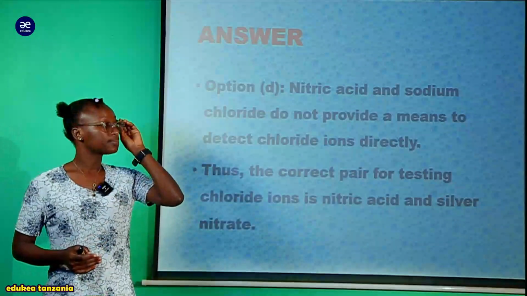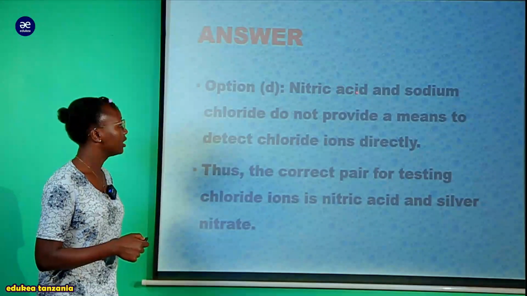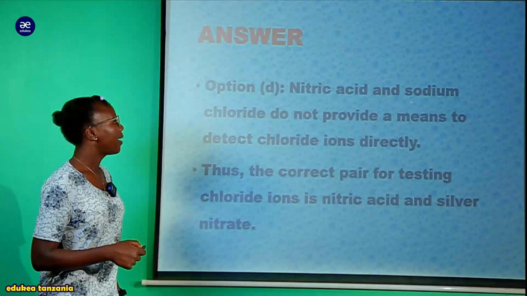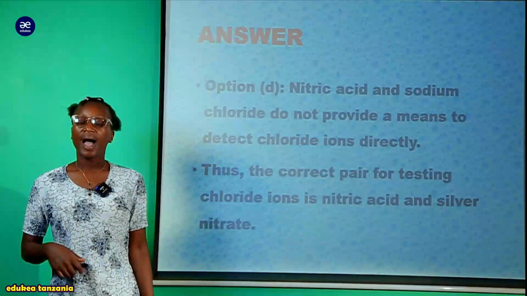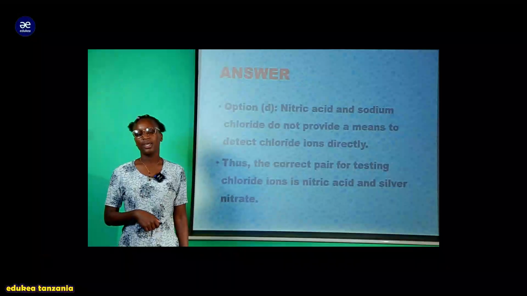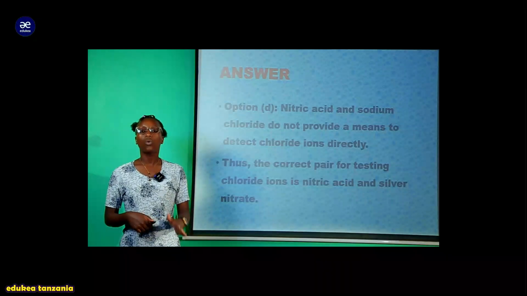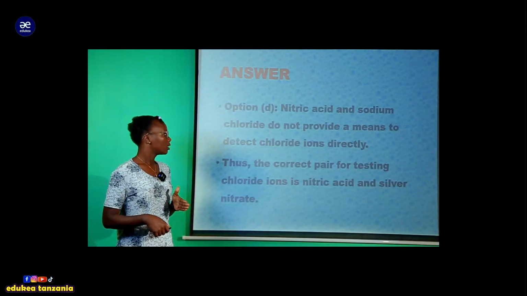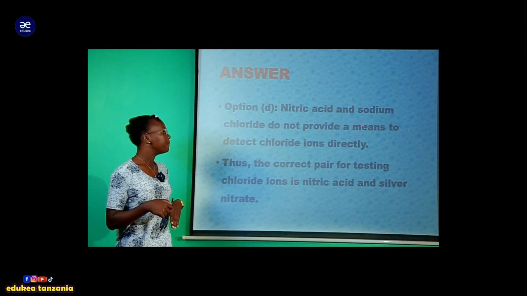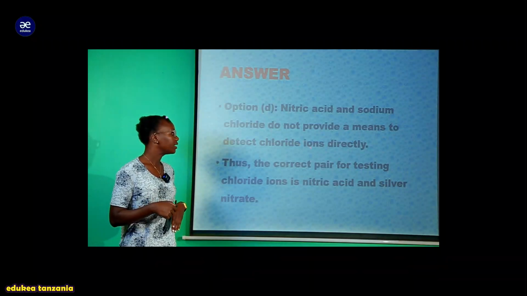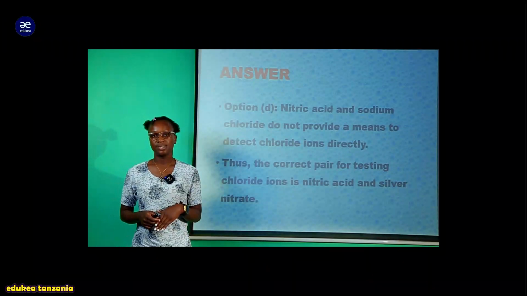So you can see that huyu nitric acid na dilute sodium chloride hawezi kutupatia hiyo testi, kwa hiyo zinakuwa ni specific. So this do not provide a means to detect chloride ion directly.